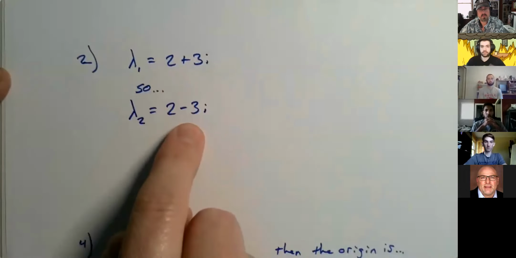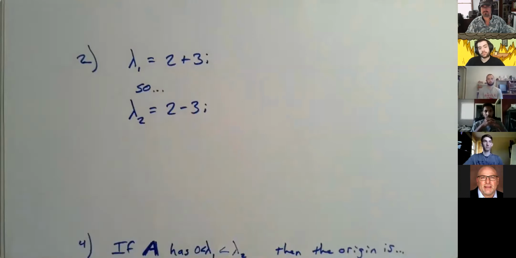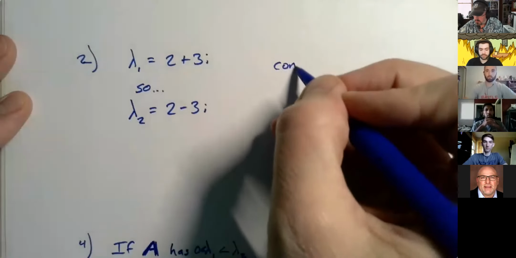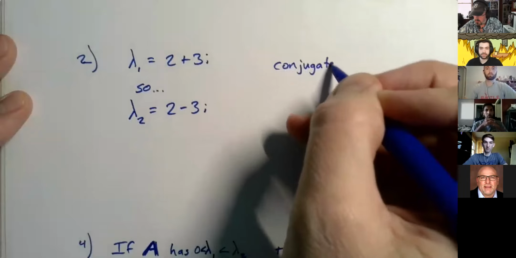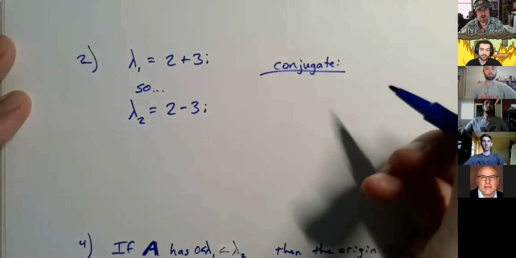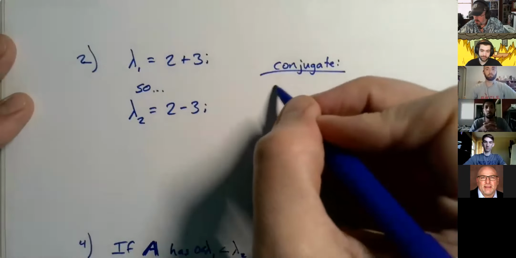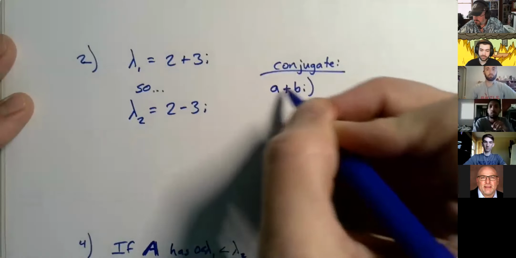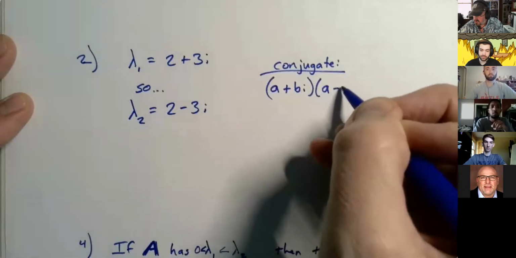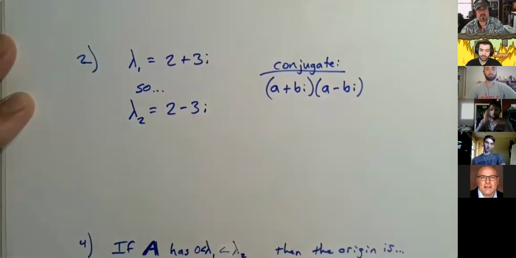The imaginary part is opposite in sign. Do you guys remember from probably pre-calc what makes it a conjugate pair? Conjugate numbers in terms of complex numbers: if you have a plus bi and you multiply it by its conjugate a minus bi, what happens?